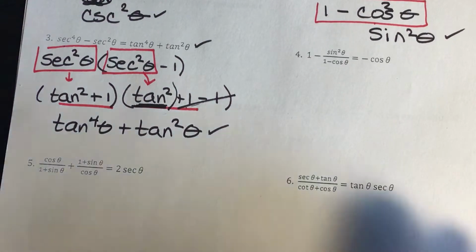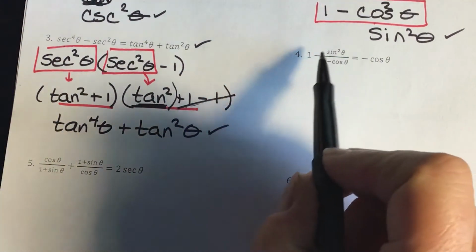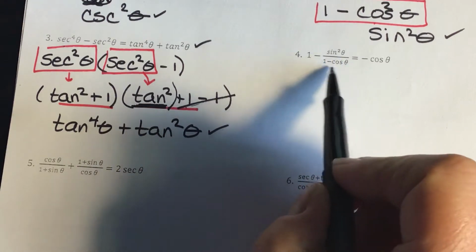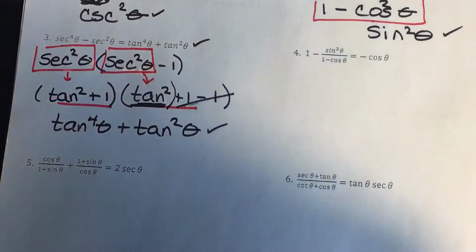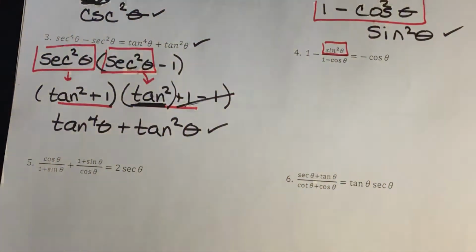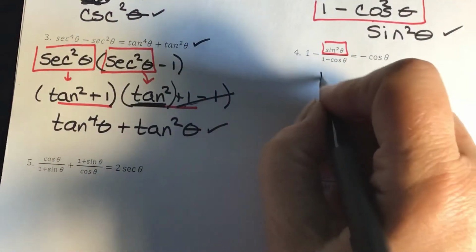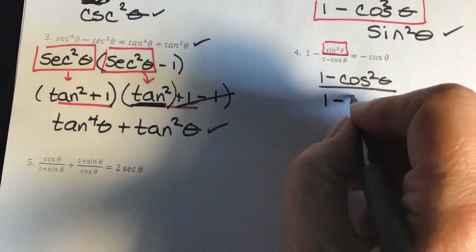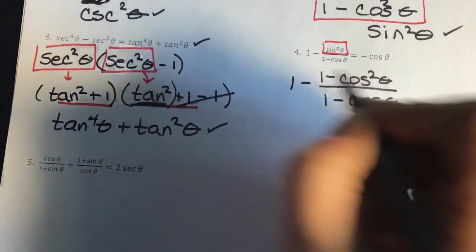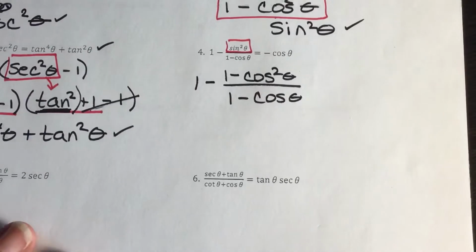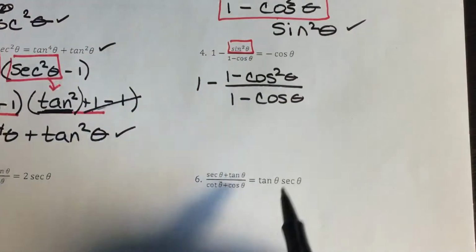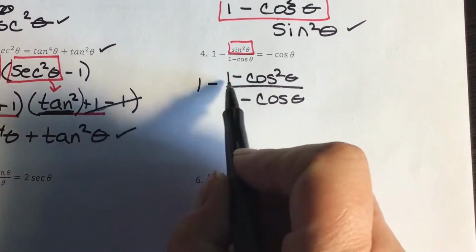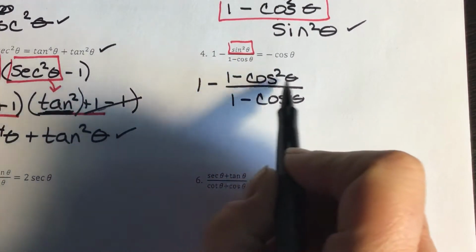On number 4, I see I have a 1 minus cosine of an angle on the denominator of sine squared. Well, I know that sine squared is the same thing as 1 minus cosine squared. So I'm just writing everything out except for I replace sine squared with 1 minus cosine squared. Now on the top I have the difference of squares, so I can factor this.